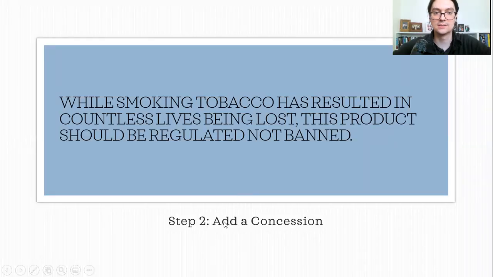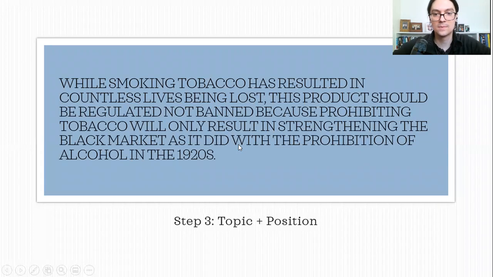Here's where we add our concession from the strongest objections. While smoking tobacco has resulted in countless lives being lost, this product should be regulated, not banned. We're not finished yet, though, because we haven't supported this claim. In the next step, we add our qualification and we also add our evidence.